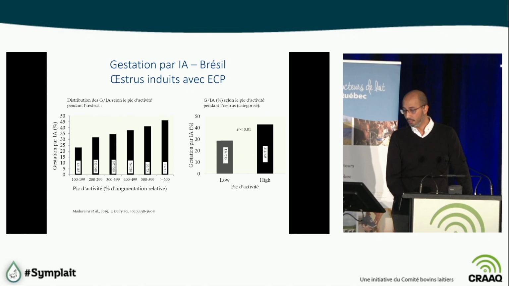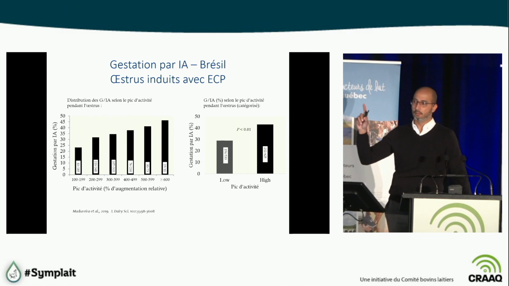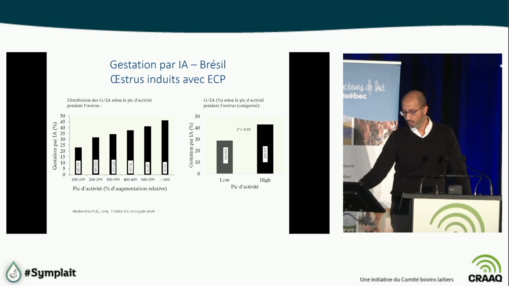This is another experiment we ran in Brazil, and that was induced estrus, and we gave ECP. So even when you give a lot of estradiol, which physiologically is what triggers estrus, you still have a difference in how cows behave. And if you can capture that, the ones that have a very high relative increase in activity have better pregnancy rates.